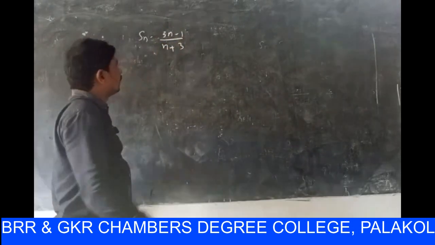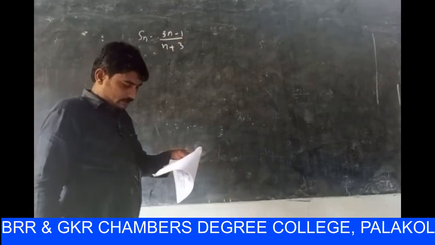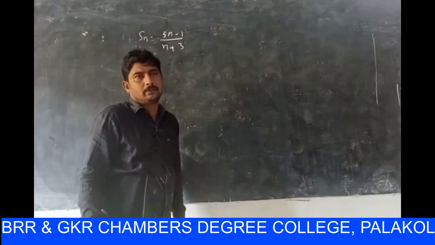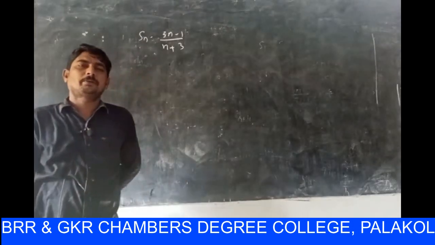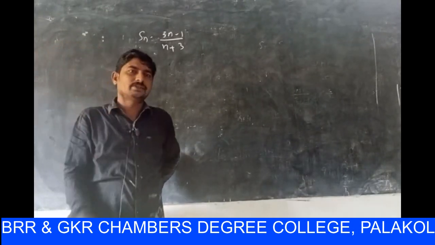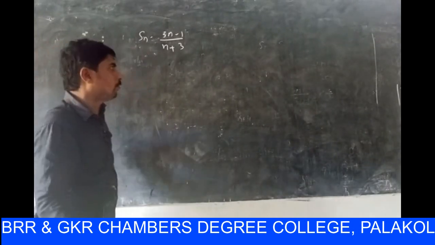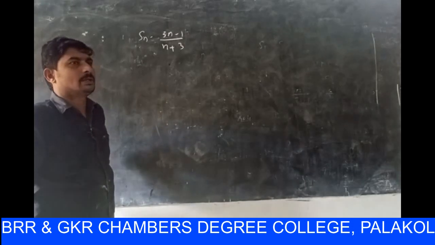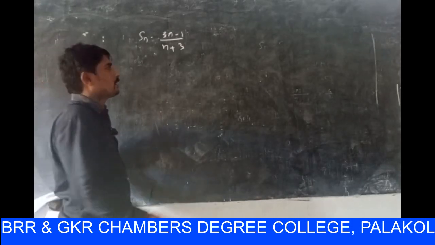We show that the sequence is increasing and bounded above. In the previous problem we verified that the given sequence is decreasing as well as bounded below. Now we show that it is an increasing sequence and bounded above.